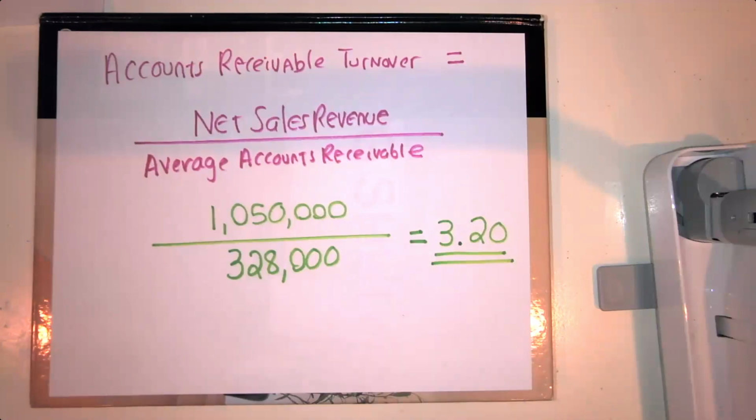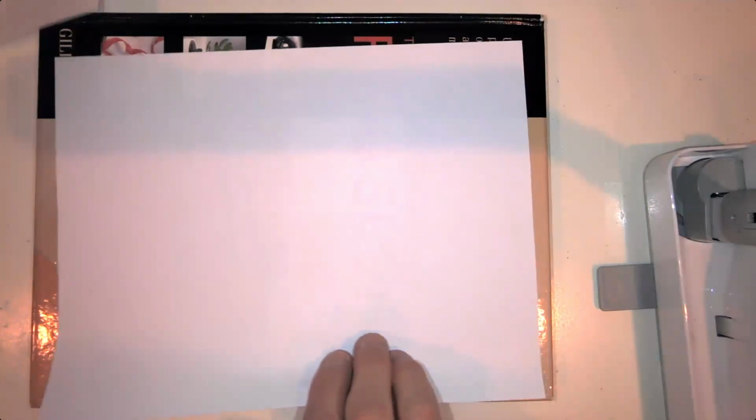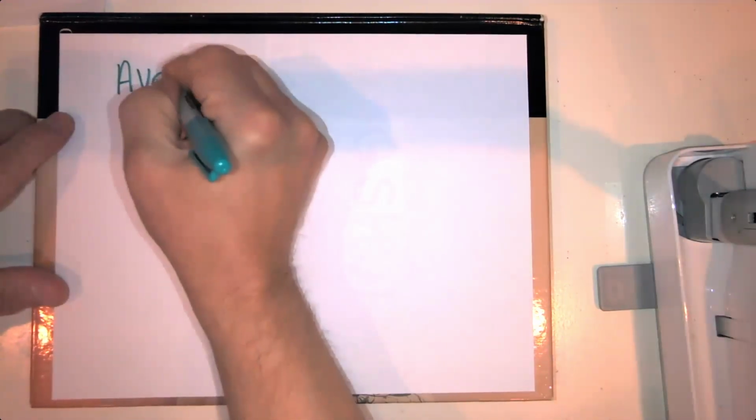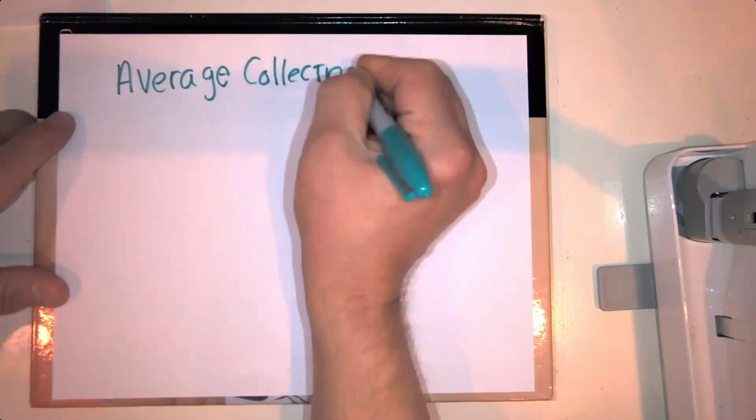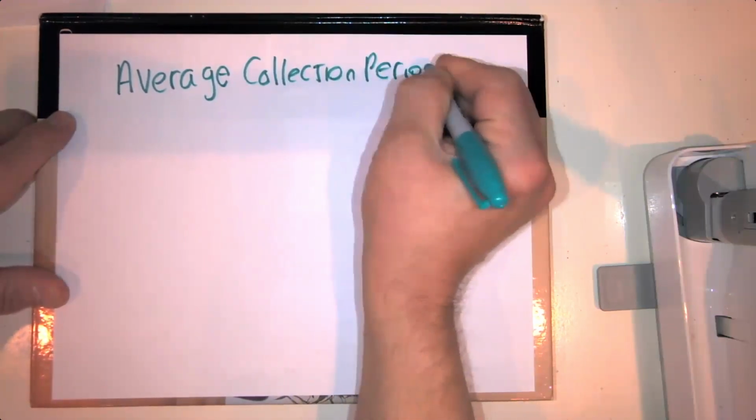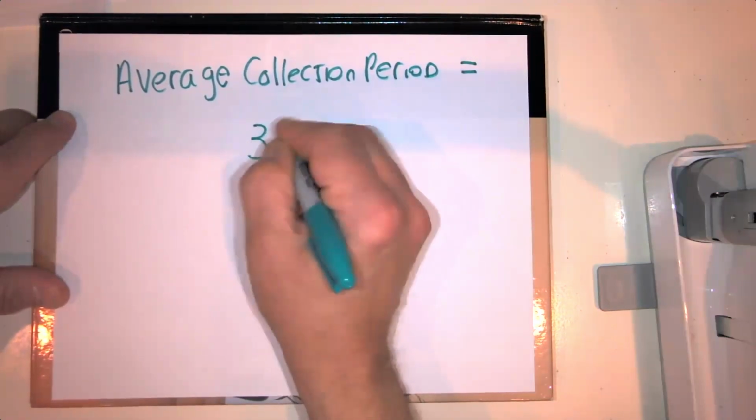Now, once we have this one, coming up with the second ratio is actually pretty easy. In letter E, they also ask us to calculate our average collection period. I'm just going to put one more piece of paper up here. To come up with the average collection period, what you'll do is take 365, right?